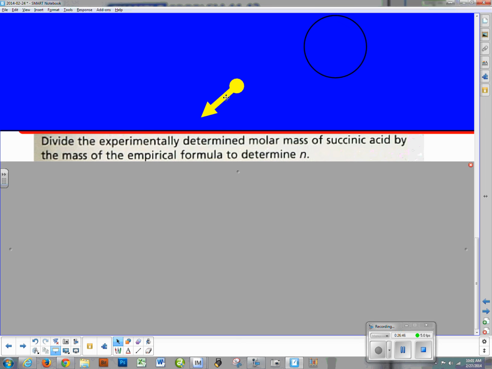Why are we doing it? Don't help. And those of you watching at home, start thinking. Don't just stare at the screen. Alex, what are we trying to do here?